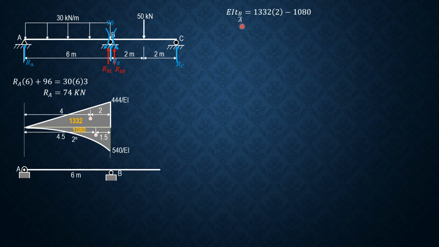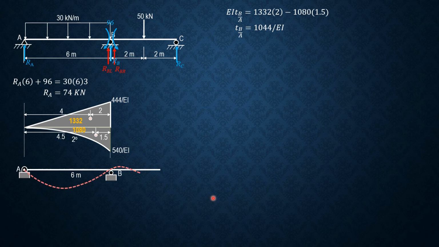So EI deviation of B relative to A is the moment of area with respect to B. So 1332 times 2 minus area of spandrel times 1.5. So deviation of B relative to A is equal to 1044 over EI.